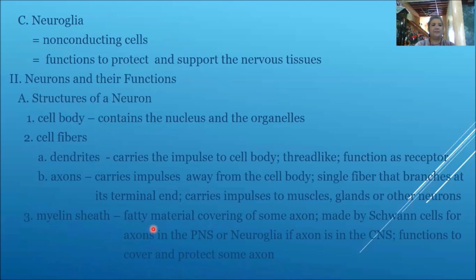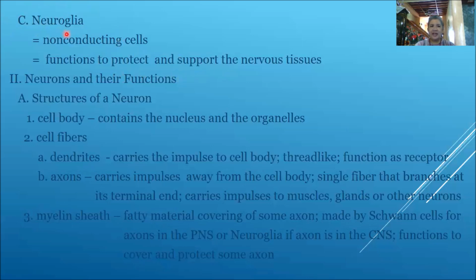Then a third component of the nervous system is your neuroglia. When I was still a student, I took this as the skeletal system of the nervous system because of its function to protect and support the nervous tissue.